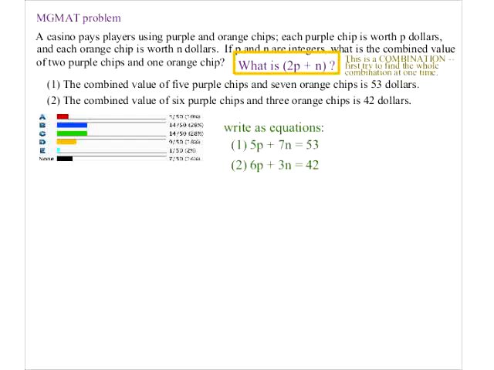So with statement 2, we can actually do that. If you look at statement 2, statement 2 is 6p plus 3n is 42. Let's take a look at it. Our goal is 2p plus 1n.